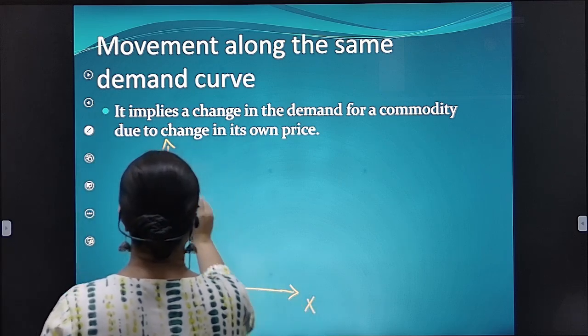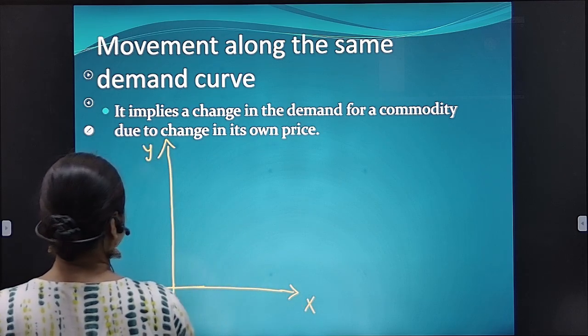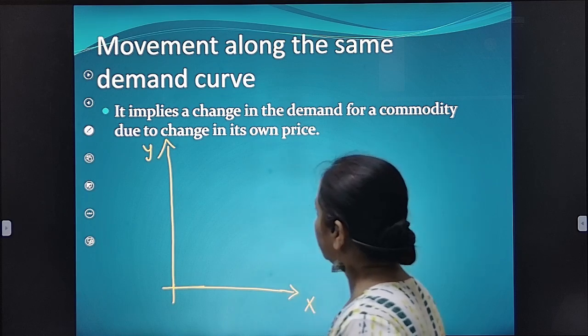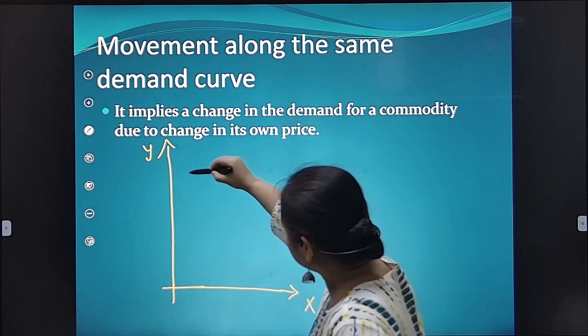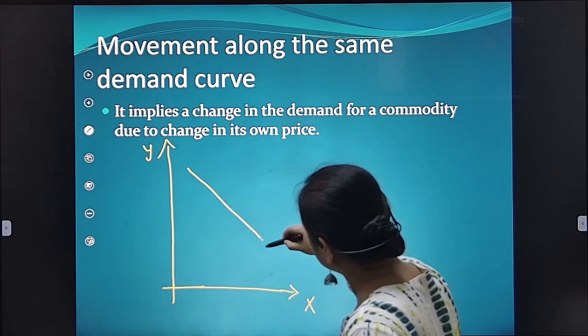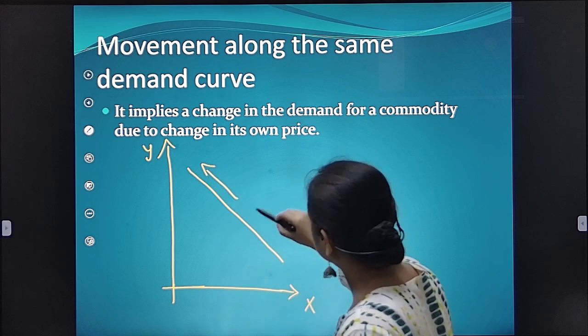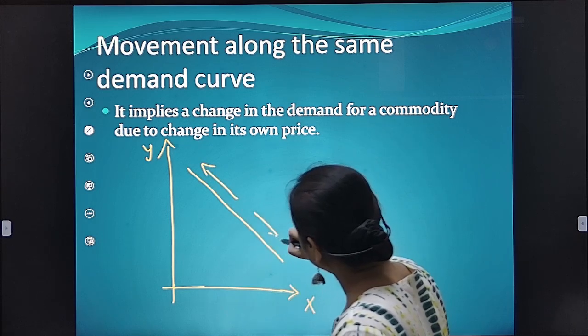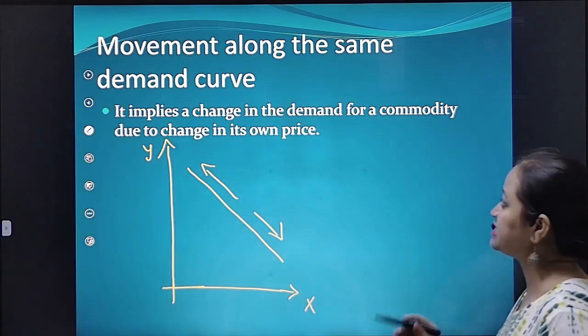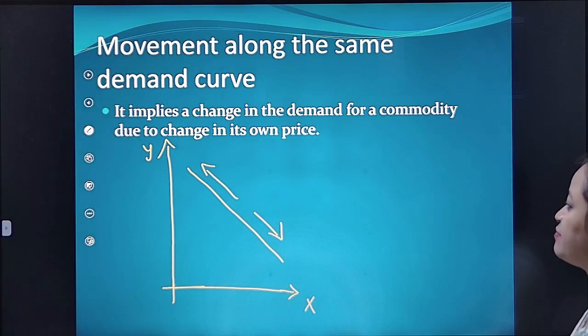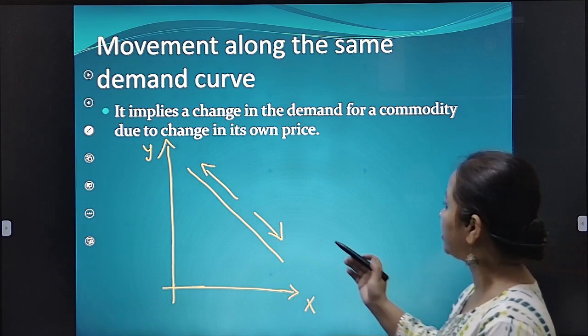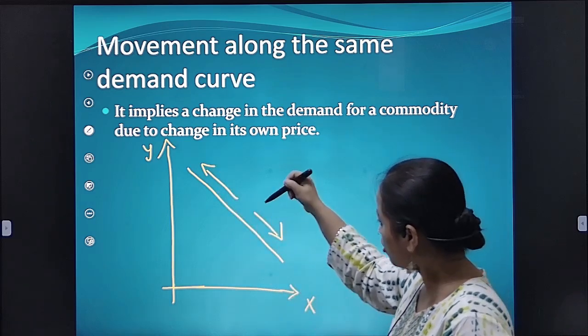this is x-axis, this is y-axis. Same demand curve. So the demand curve is this one. It is moving maybe upward or maybe downward. Okay? So this is called movement along the same demand curve. The demand curve is same, but the point is moving this side or this side.